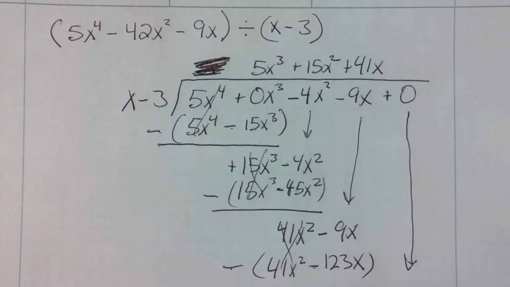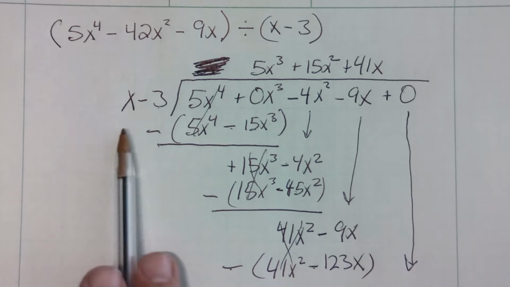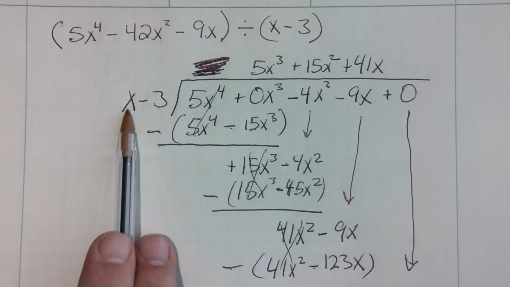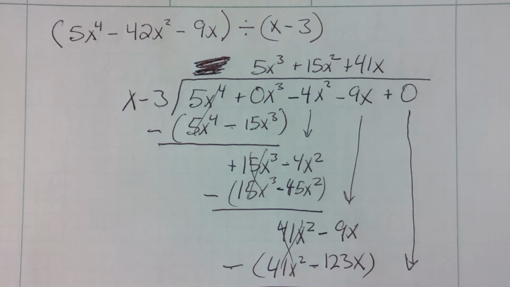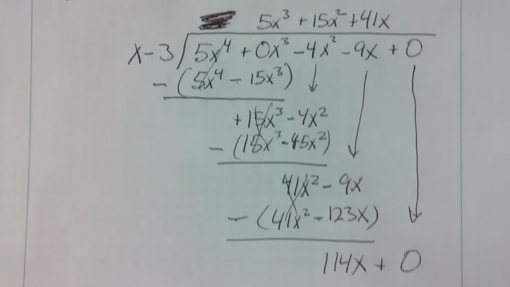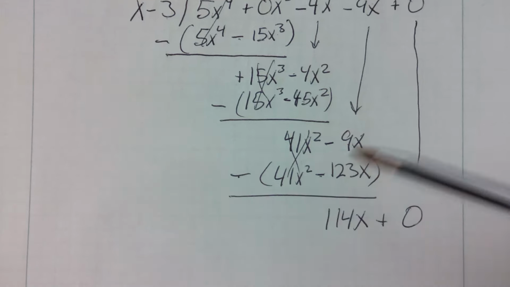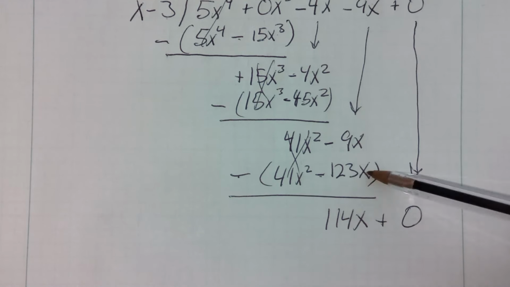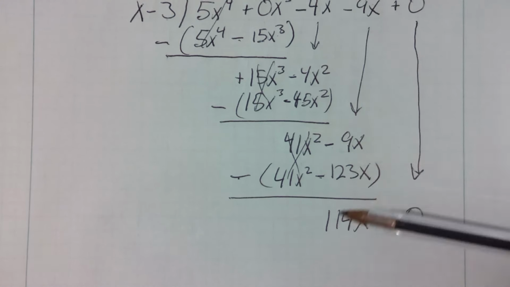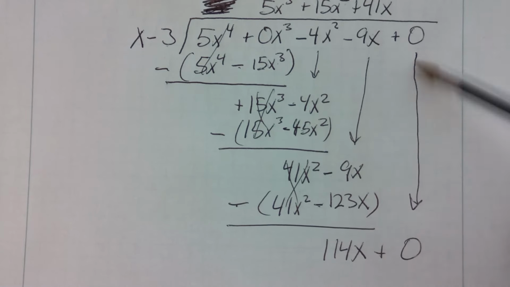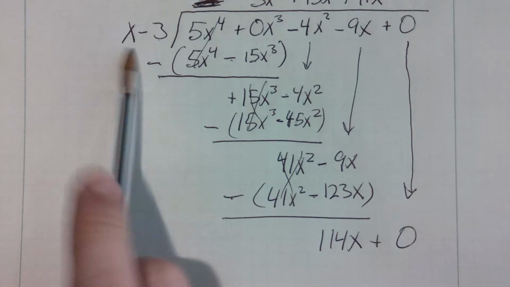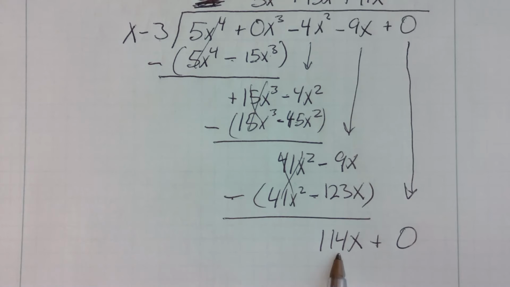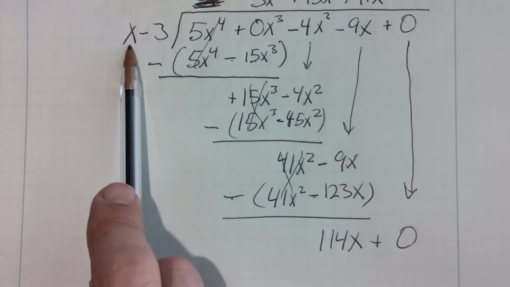And again, we had no constant, but I want to remember that I'm going to have a placeholder for it, because now I still can get rid of this 114x because it has an x and I have an x over here. So that goes into this. I apologize, you can't see that. I'm going to move up. So when I minus the minus 9x to the minus 123x, I got a 114x. Then I drop this 0 down, because that's important to have that placeholder, because I can multiply x to still get rid of this 114x. But what would I multiply x by to get it to be 114x?